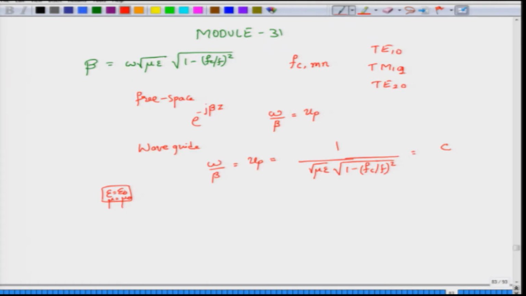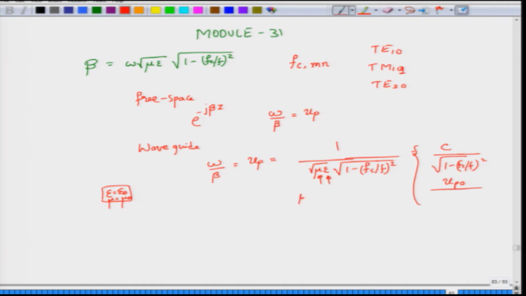So, for air, epsilon is approximately equal to epsilon naught. So, only for the air-filled case, you have c divided by square root of 1 minus fc by f whole squared. If not, you can replace this by some up0, which is my notation for the velocity of the wave in the medium, given by the different values of epsilon and mu.